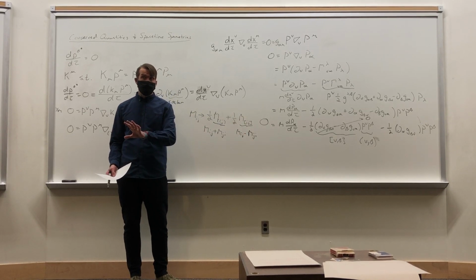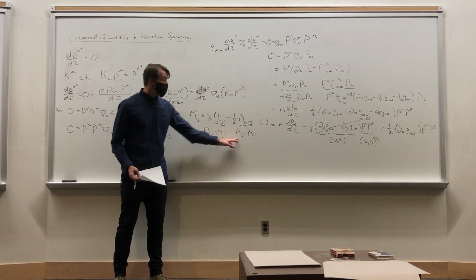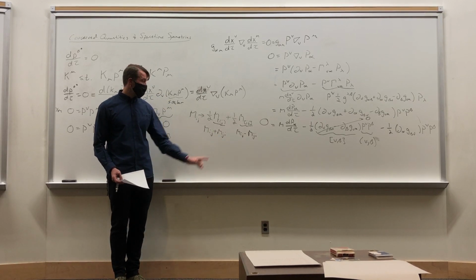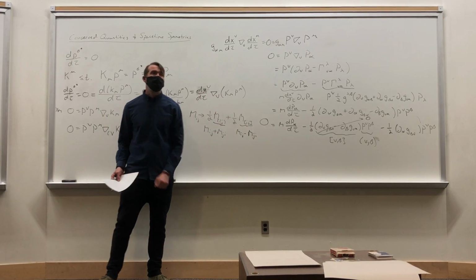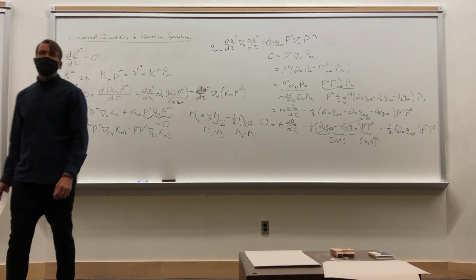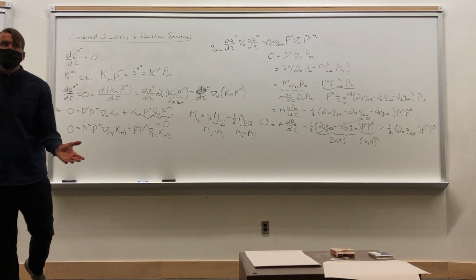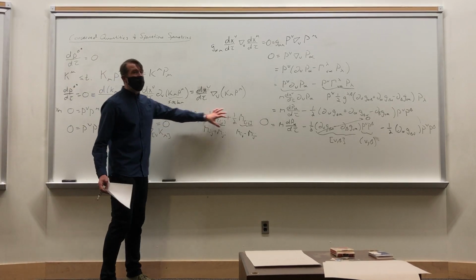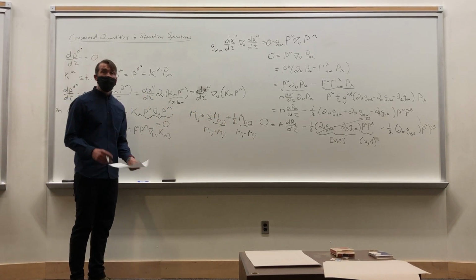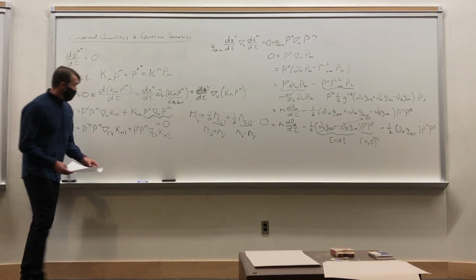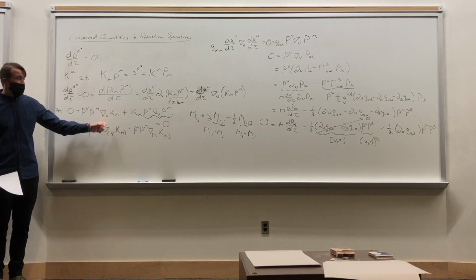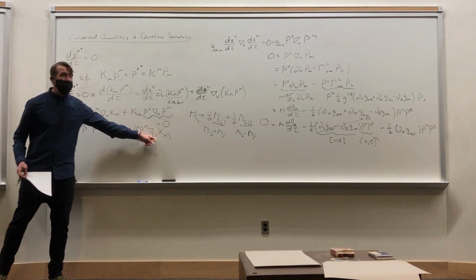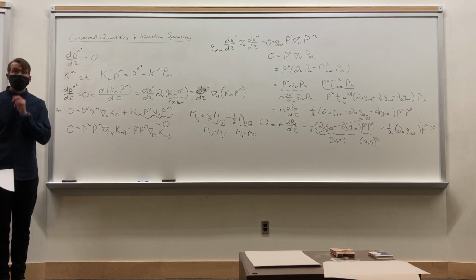Are we on board? Now take this and add it to that. That goes away. We get a factor of 2 times 1/2. Does this make sense? So an arbitrary matrix can be decomposed into the symmetric and anti-symmetric combinations. That's all I'm doing here. I'm saying this is a 2-index object, so I can decompose it into a symmetric and an anti-symmetric combination.